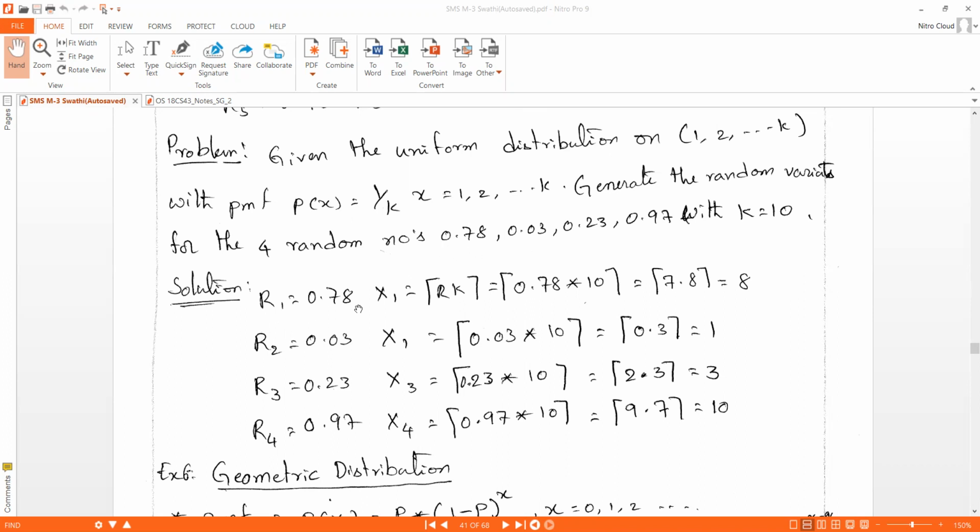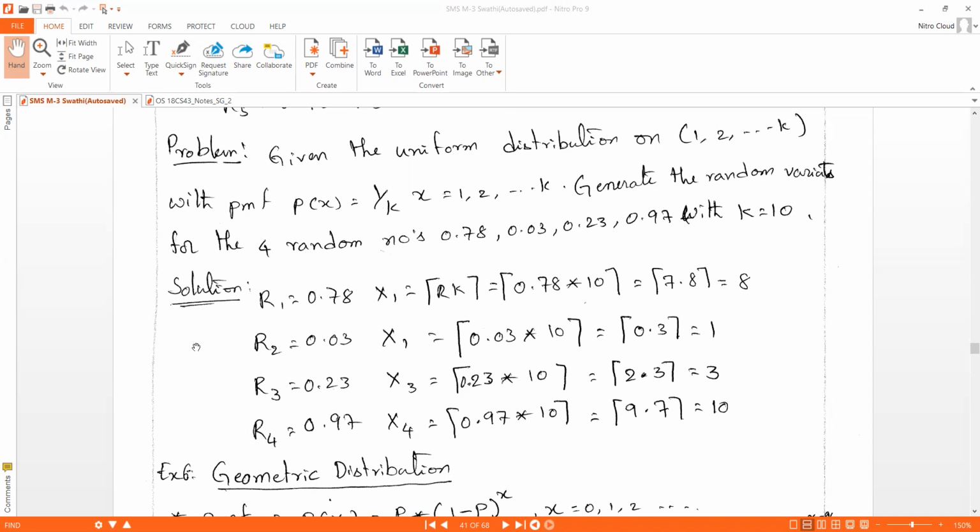When r1 is equal to 0.78, the formula is x1 is equal to mod of r1 into k. The r1 value is 0.78 and the k value is given in the problem as 10. 0.78 into 10, we will get mod of 7.8. If you remove this mod, the outcome will be the upper limit value, 7.8. So we will get the outcome as 8.